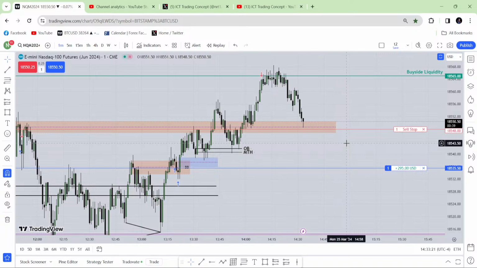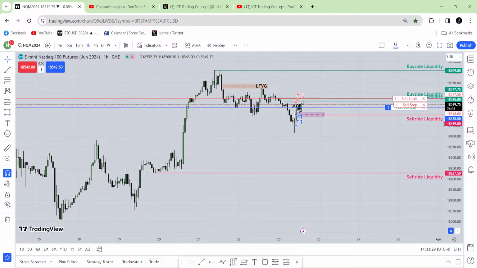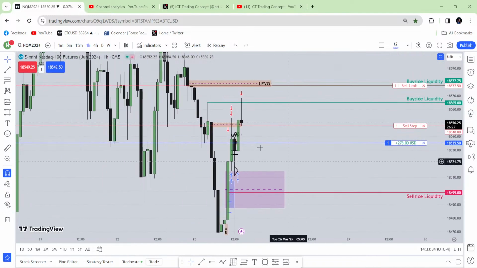Lena, can you take a look at our graphs? It rejected the fair gap on our last fair gap. Absolutely perfect. It is rejecting from the hourly fair gap, but I'm not interested in marking that.